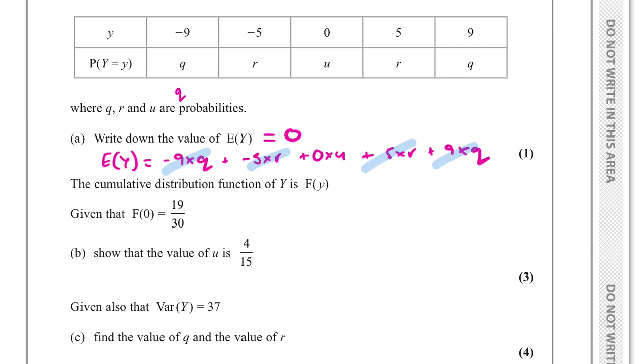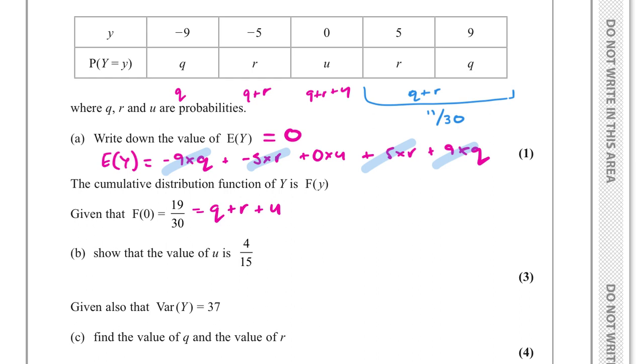We know that this is q, this is going to be q plus r, this is going to be q plus r plus u. So that means that q plus r plus u equals 19 over 30. Now, we know they have to add to 1 when we're looking at the cumulative distribution. So we're saying that our q plus r must equal 11 over 30.